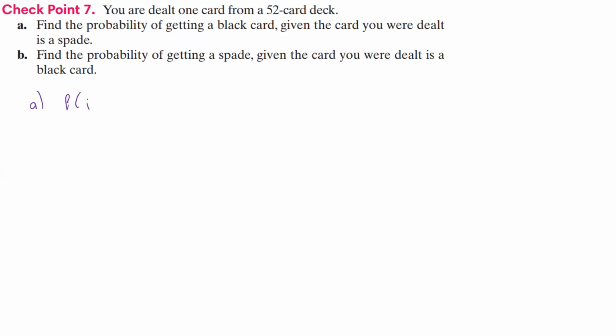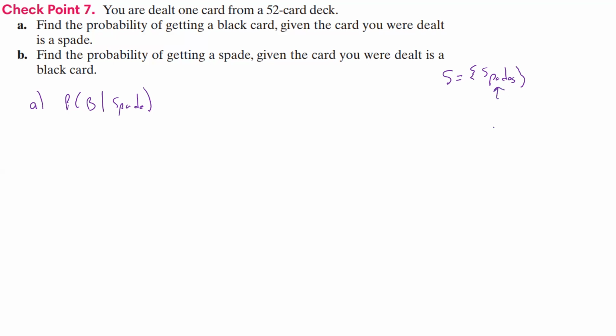All right, so for the first one, we want the probability it's a black card given that we had a spade. Our sample space is going to be all spades. What is B? B is getting a black card.